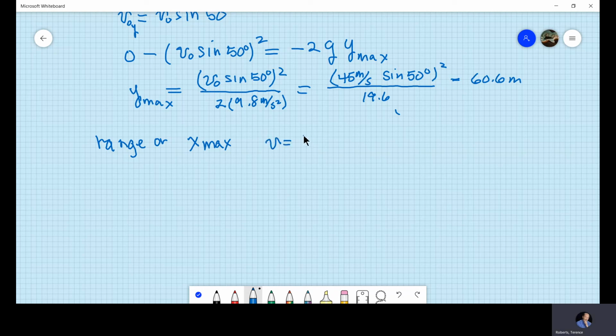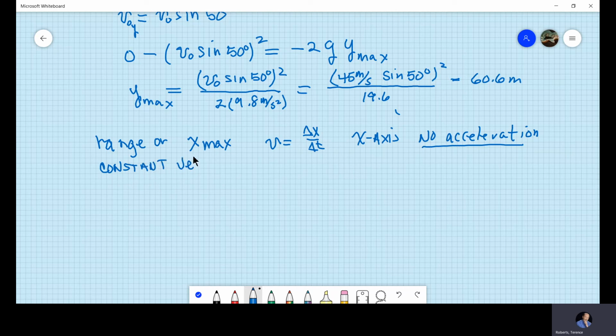This equation, delta X over delta T. Because when we look at the X-axis, what's happening, there is no acceleration as it moves until it falls back to the ground again. There's no acceleration in this axis. And all we have is constant velocity.